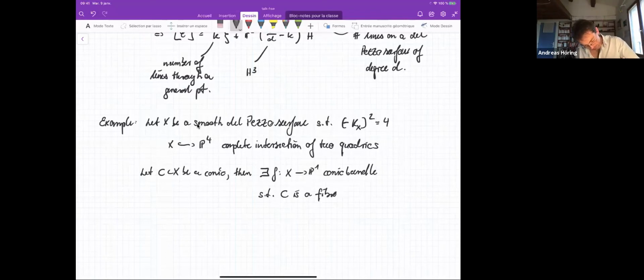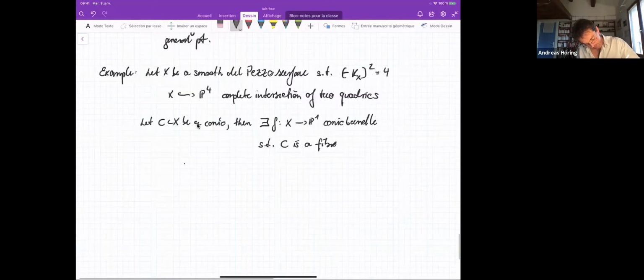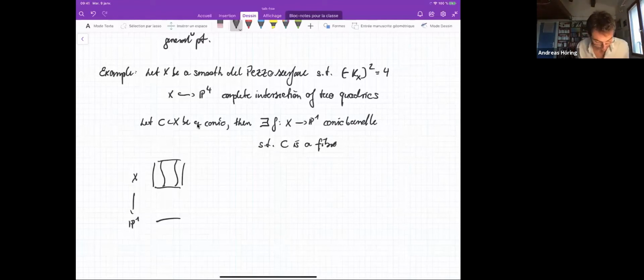Geometrically, what I will get is I have my surface X, and I have my conic here, and I put this in a family, and so you will get a family of conics, and of course some of them are going to be reducible when your conic splits into two lines. And I want to compute the total dual VMRT for this family of minimal rational curves.